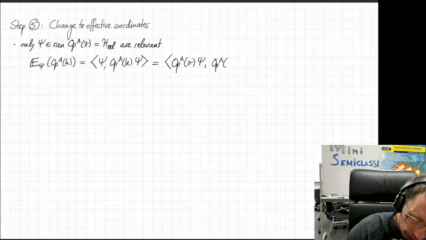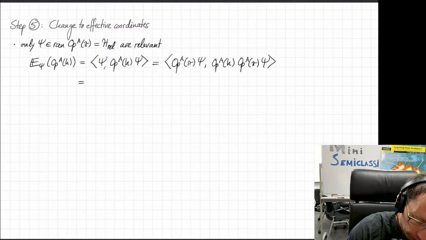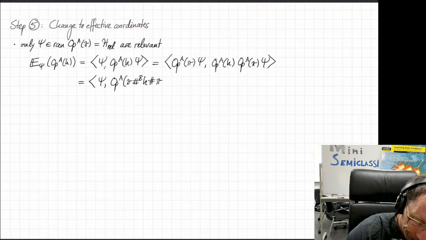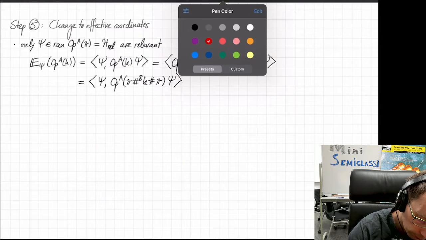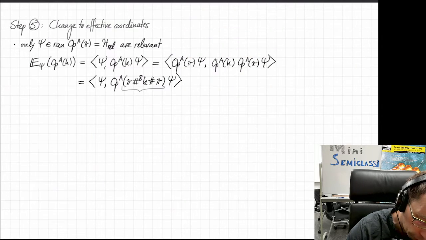And once I bring the projection onto the other side, you already see that this is nothing but the expectation value of the magnetic Weyl quantization of pi while h while pi with respect to psi, and this guy in parentheses is nothing but H effective.